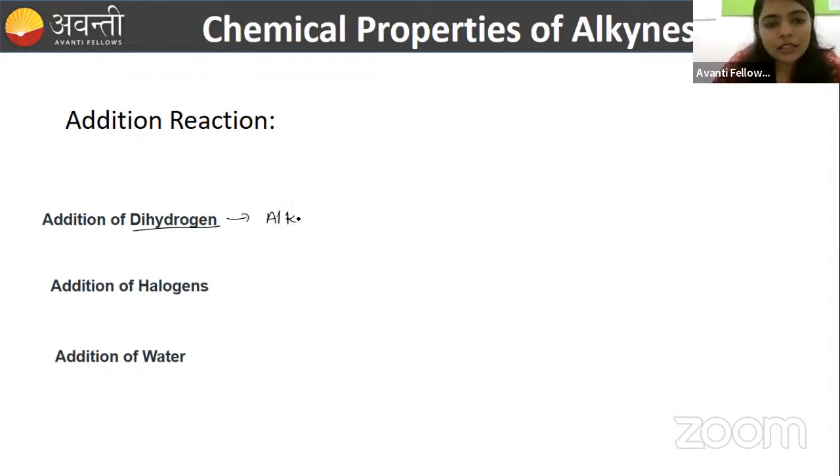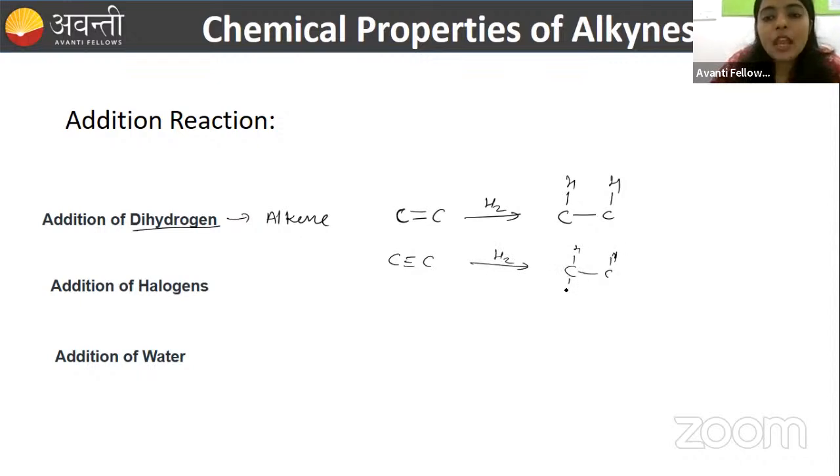You have seen that we can add hydrogen to this unsaturated system and we can get alkane. Okay, so if instead of a double bond a triple bond is present, we can also add hydrogen and form a saturated compound like this. Okay, but the problem is this, we cannot do hydrogenation directly like this. We have to take a catalyst.